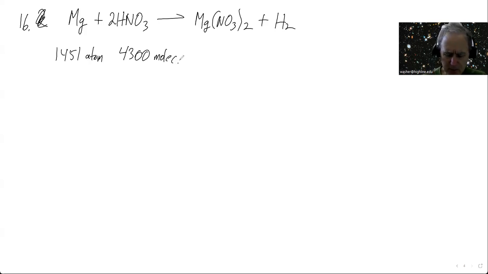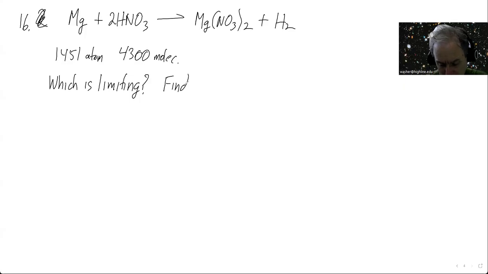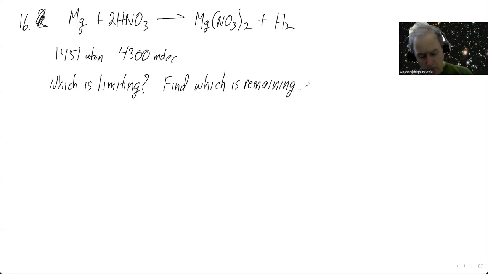So which is limiting? If we find that out, then we can find which is remaining, right? Because the limiting one is completely consumed. It's the one that gets all consumed, and the one in excess is the one that has stuff left over, right?